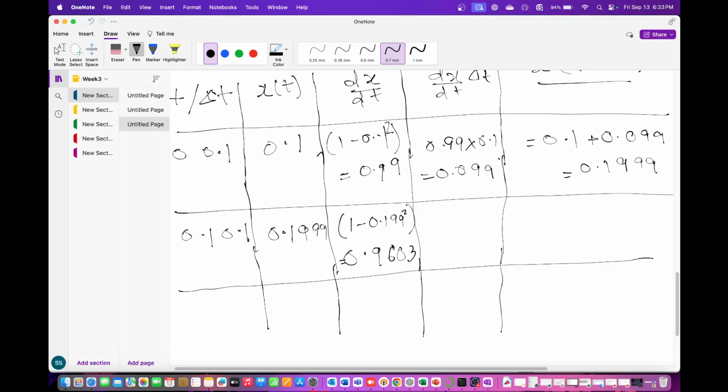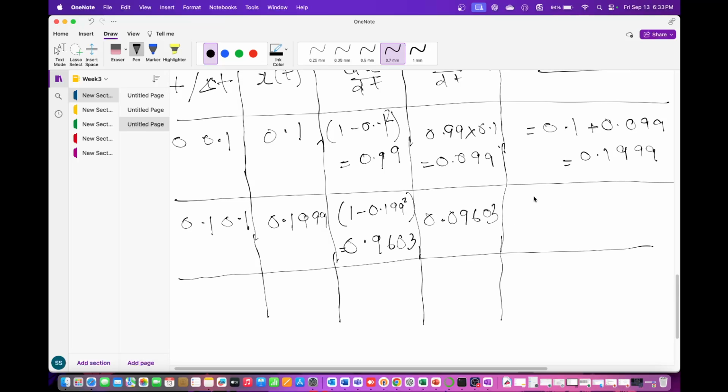This you multiply into 0.1, so it becomes 0.09603. So your x is 0.199 plus this thing, 0.09603. So this becomes, if I remember correctly, 0.295.